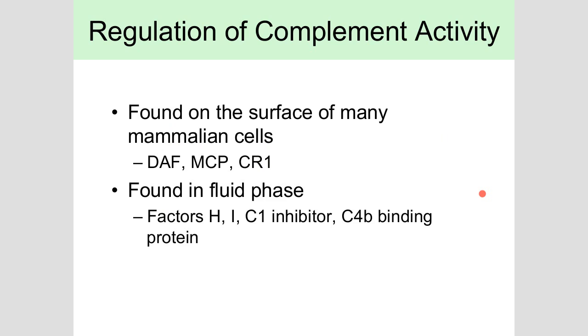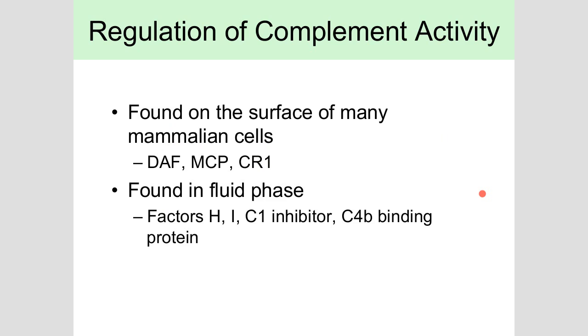He used to tell us so that people remember, as a mnemonic, that C6 to C9 are there for the membrane attack complex, because of that reason, 7, 8, 9. Okay? You get that? Okay.